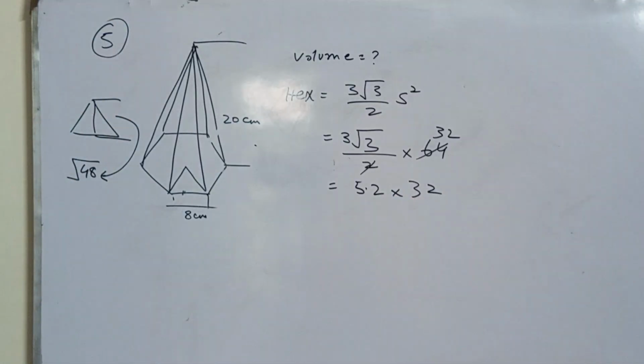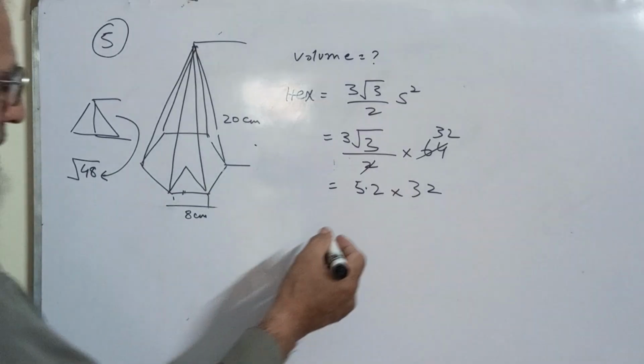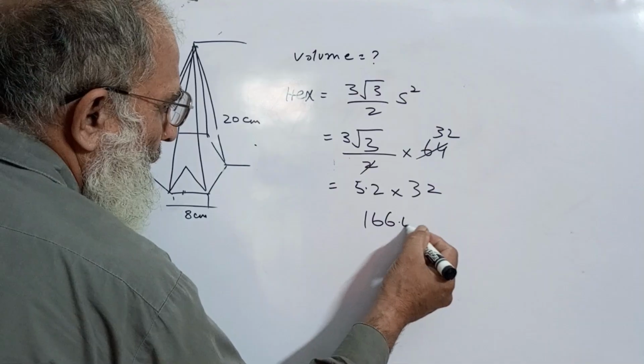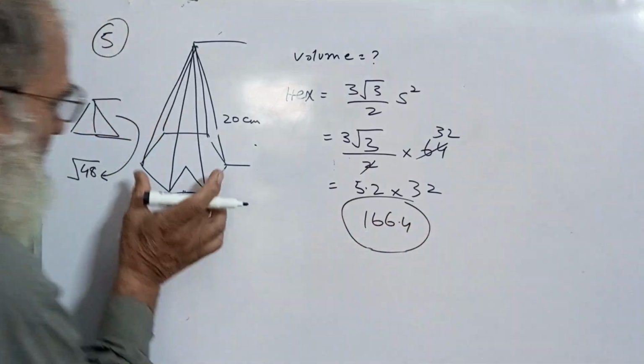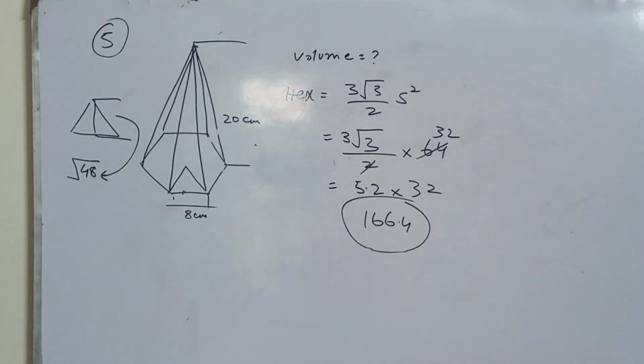You see, sometimes I even make silly mistakes. 5.2 multiplied by 32 is 166.4. Now this is the area of this hexagonal base.